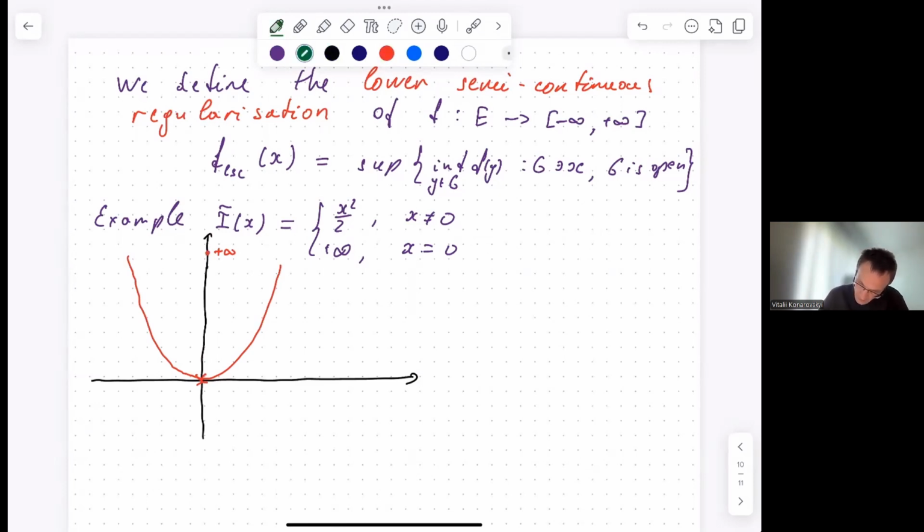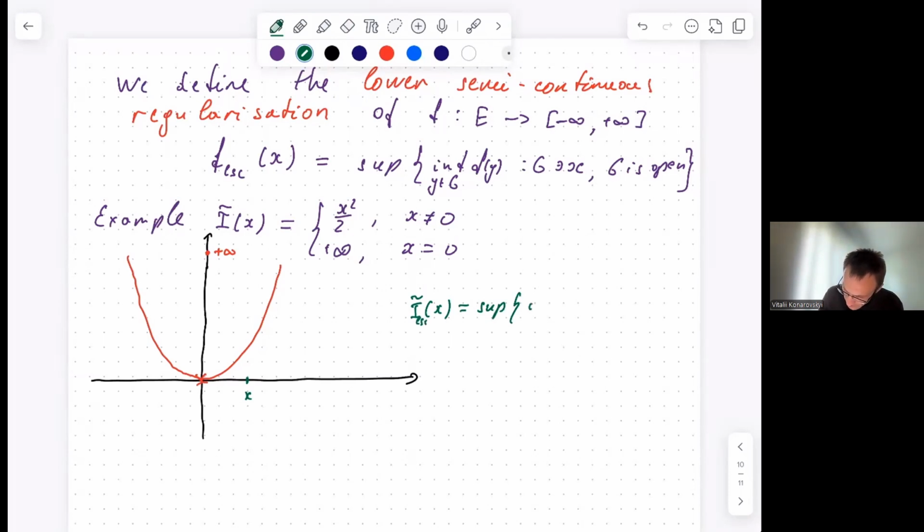And then when you compute the lower semi-continuous regularization, say at this point x, maybe I wrote x by the green point, let's also write that here. What it is, again, you need to take infimum, it is lower semi-continuous.